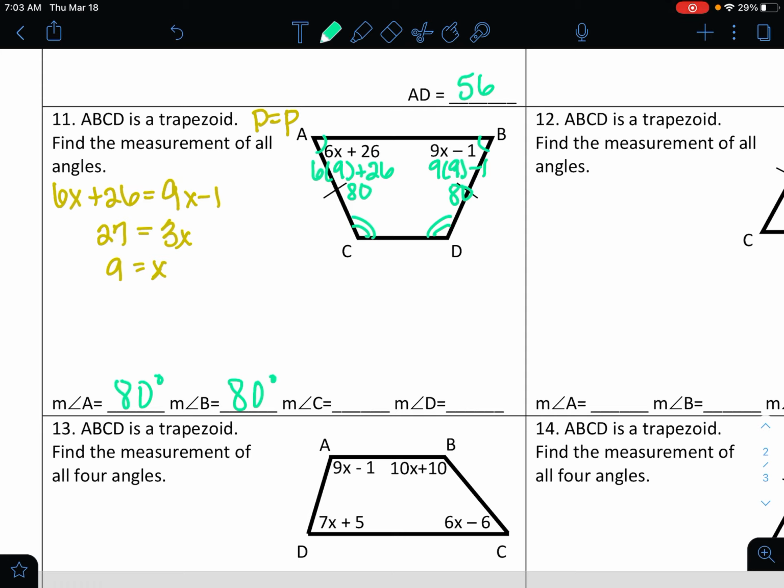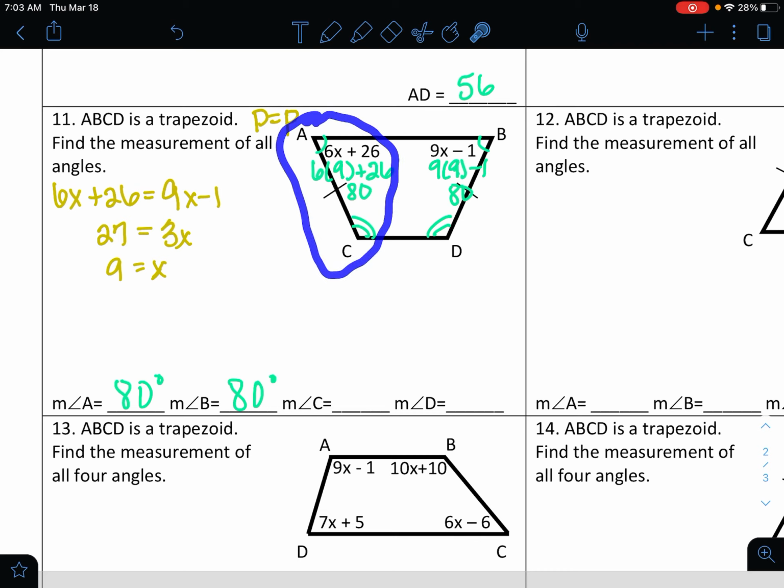Now, another thing to note is that for a triangle, all the angles add up to 180. For a quadrilateral, a 4-sided shape, all the angles add up to 360. So we can tackle this 2 different ways. You could add up 80 plus 80, subtract that from 360, and then divide that by 2, and that'll give me C and D. Another way you can approach it is by saying, well, angle A and angle C are supplementary.